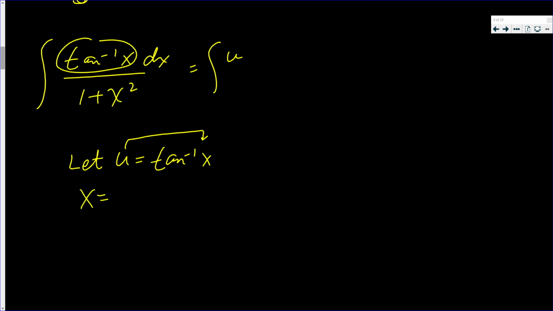So x is equal to the tangent of u, and then dx will be secant squared u du. That is what dx equals.